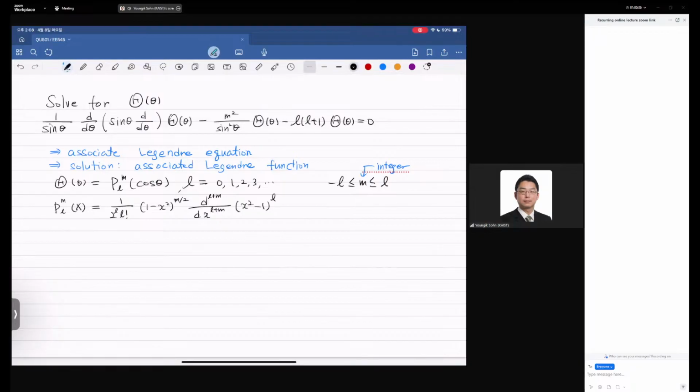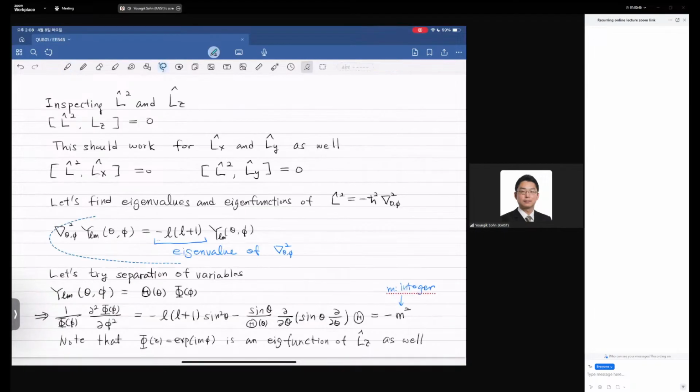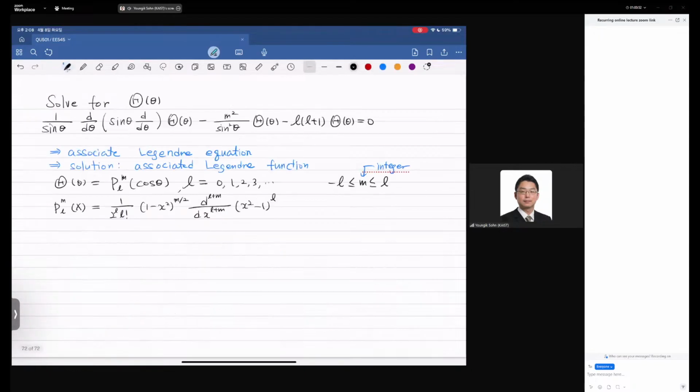And then let's go back to our original eigenvalue equation. We were working on this: L squared Y_LM theta phi.